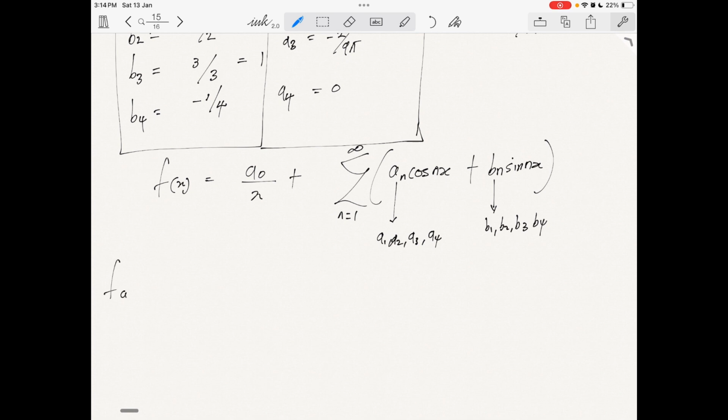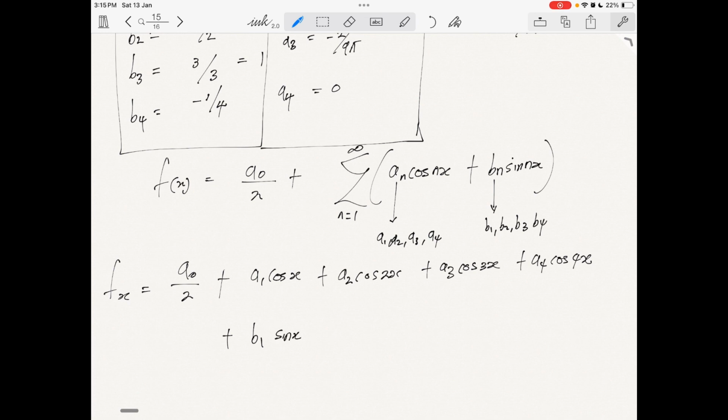So we can further simplify our f of x to be a naught over 2 plus a1 cos x plus a2 cos 2x plus a3 cos 3x plus a4 cos 4x, and also plus b1 sin x plus b2 sin 2x plus b3 sin 3x plus b4 sin 4x.